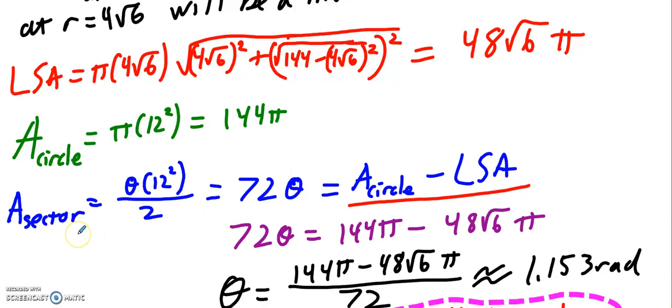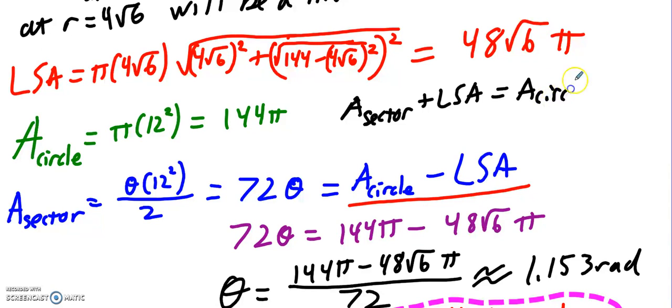So remember, I talked about up top that the area of the sector plus the lateral surface area had to equal the area of the circle.